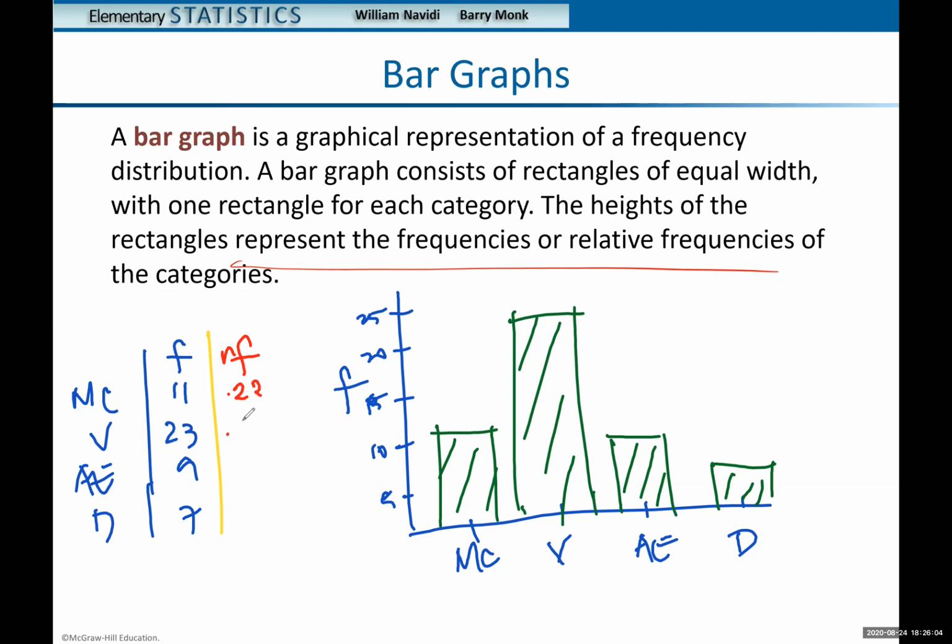Then the next one, 0.46. This one, 0.18, and this one, 0.14. Very good.